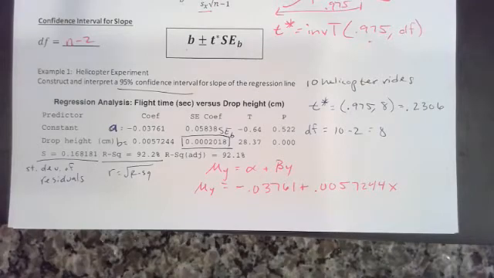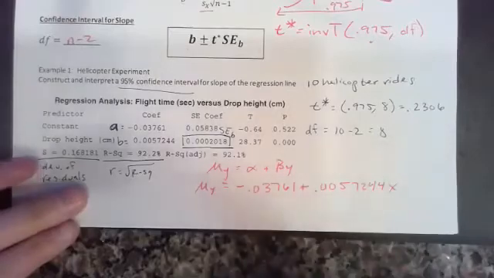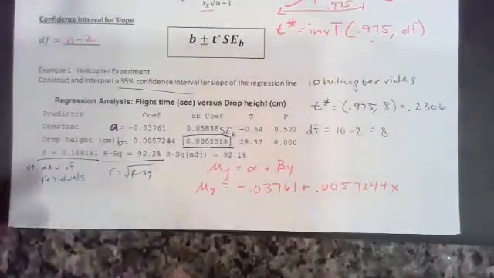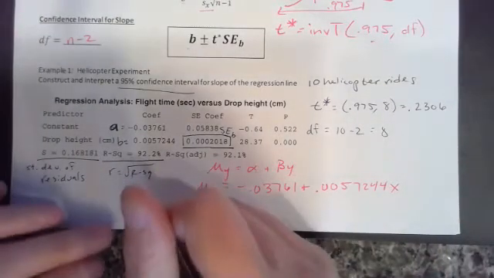All right, and now to find my confidence interval, I'm going to take my slope here, or my confidence interval on the slope. That's really what we're finding.